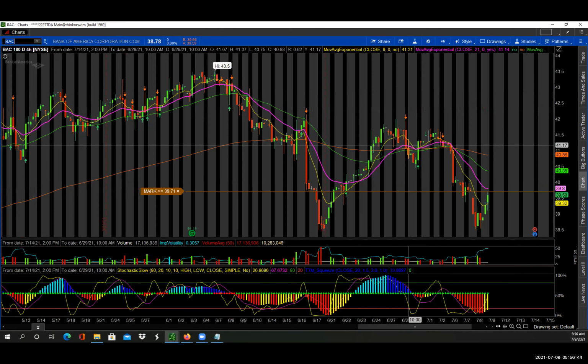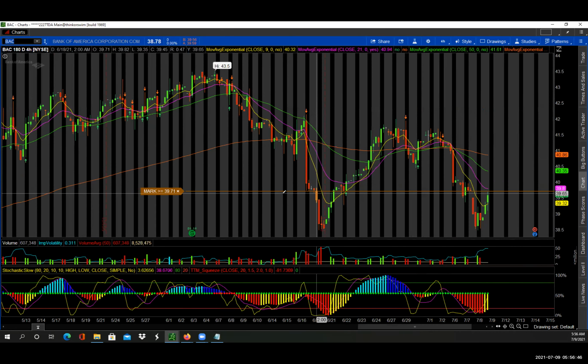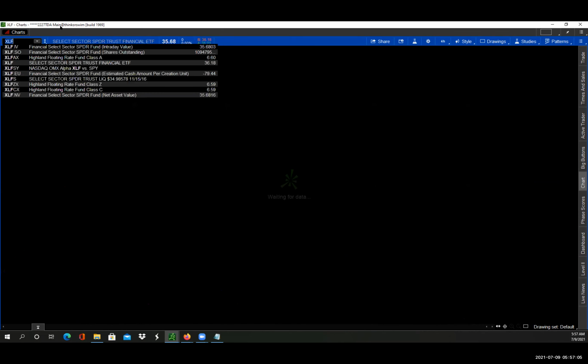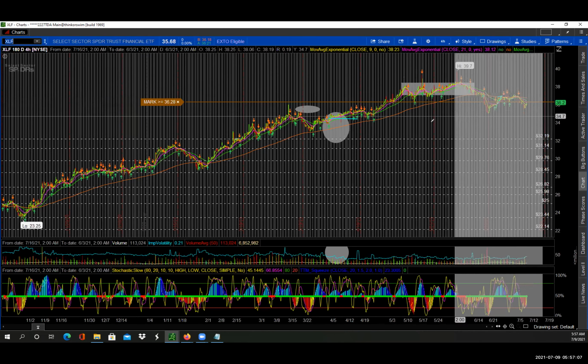And I like the banks because they have a lot of volatility, and Bank of America's contracts are really cheap. They're really affordable. And we can always see some good volatility on a Friday. So the banks are on an uptrend.